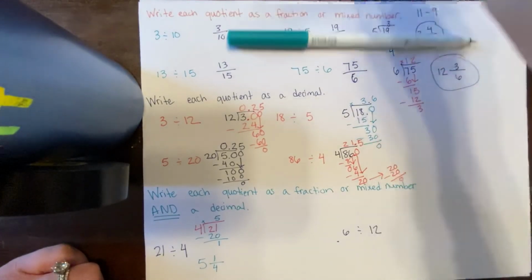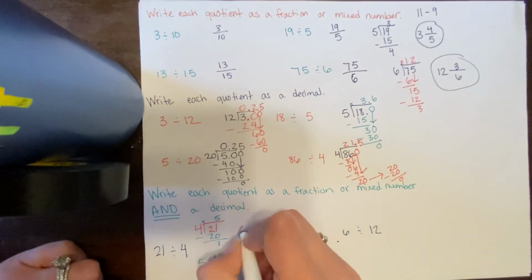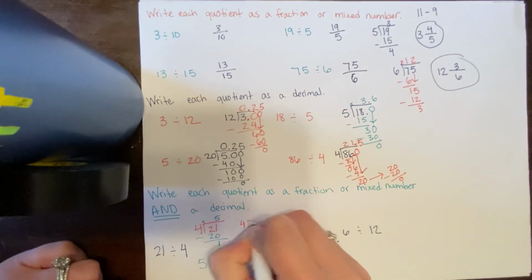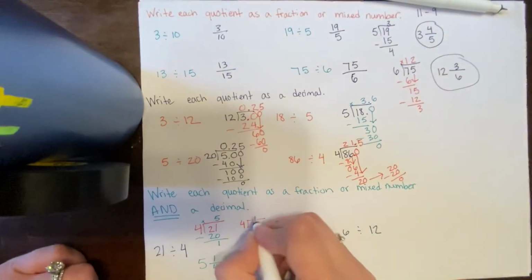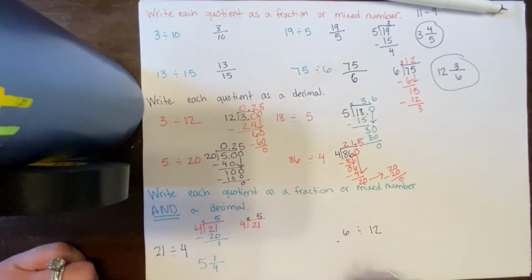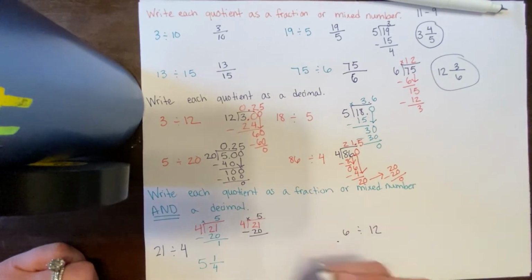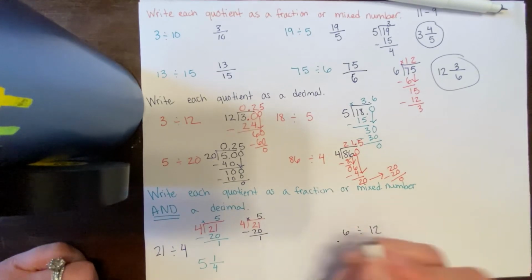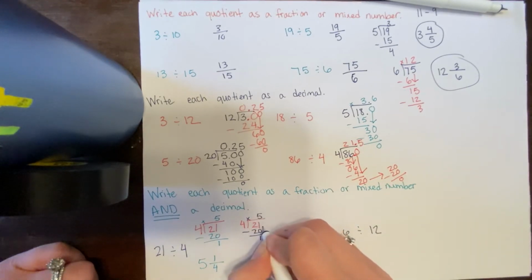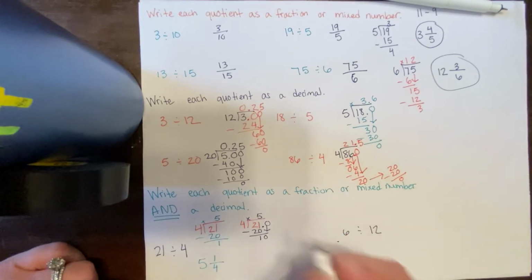I'm going to do the exact same process over again to find the decimal format. So 4, same thing once again. Can go into it 5 times. That gives me 20. And that's going to give me the remainder of 1. Instead of just leaving it like that, I'm going to add a 0. Bring it down. 4 can go into 10.